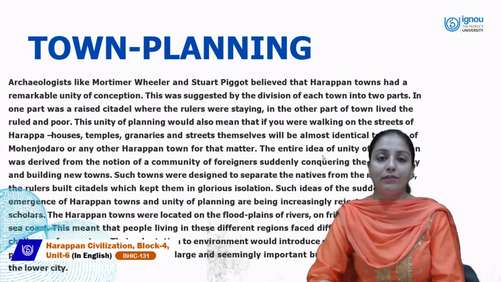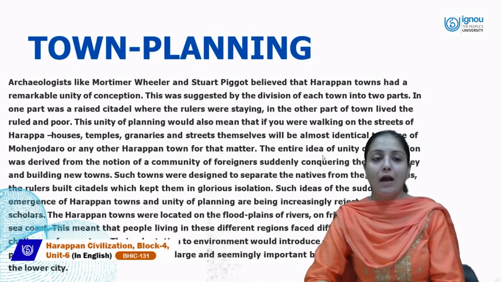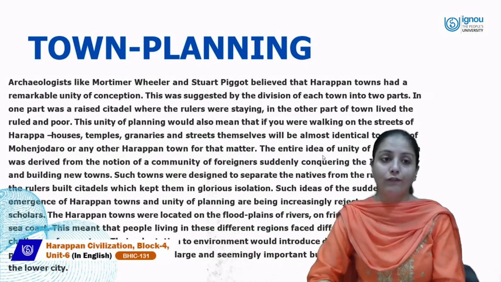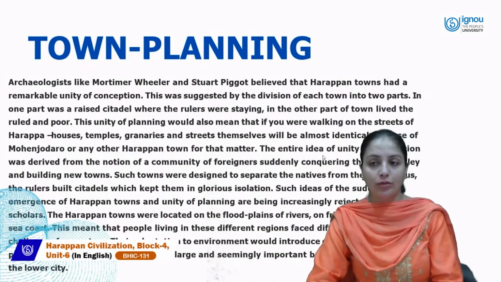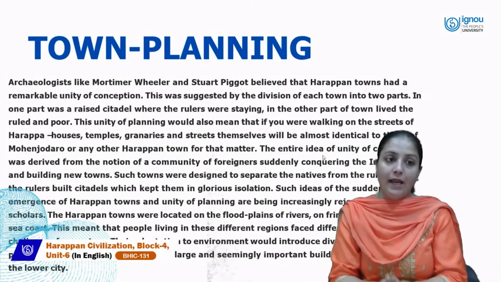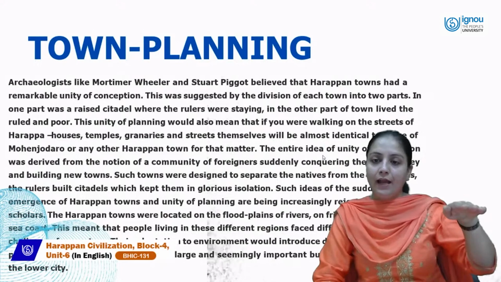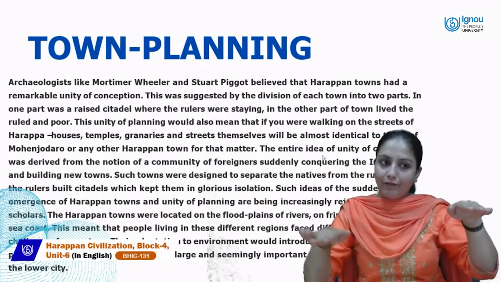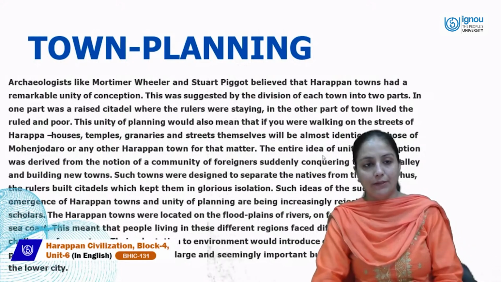Archaeologists like Mortimer Wheeler and Stuart Piggott believed that Harappan towns had a remarkable unity of conception. This was suggested by the division of each town into two parts. In one part was a raised citadel where the rulers stayed. In the other part of the town lived the rural and poor people.